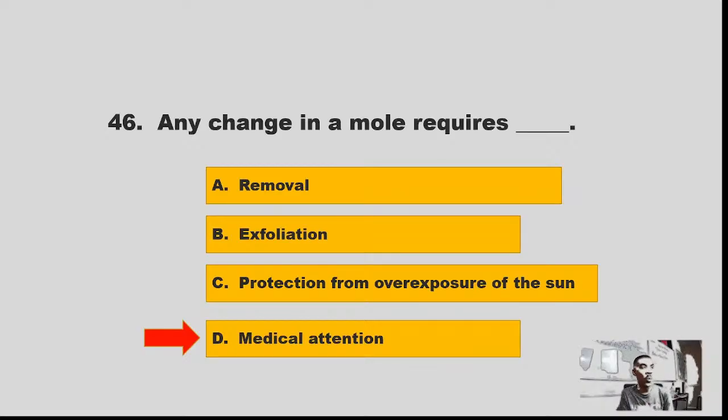All right. Which of the following is caused by a virus and is infectious? Is it a mole, a wart, a skin tag, or a keratoma? A change in a mole.